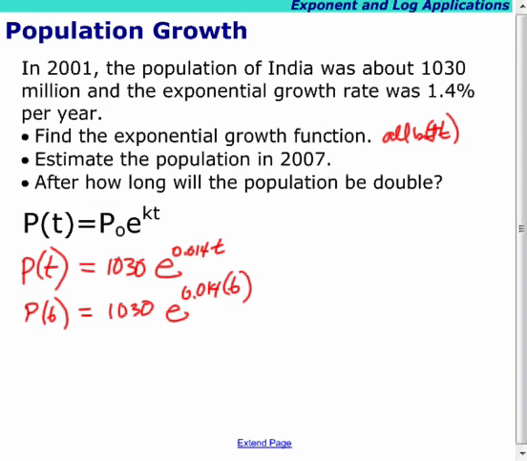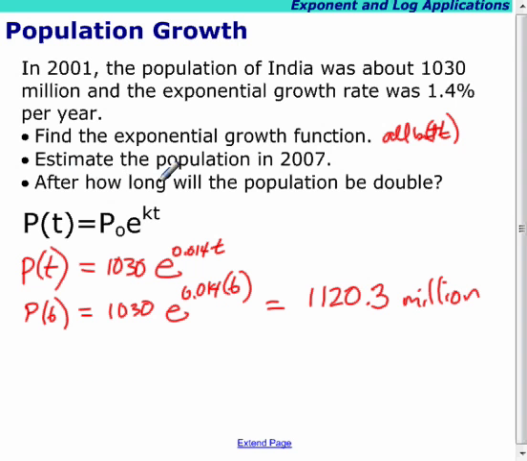Let me do that on my calculator. And I come out to 1120.3 million people. So instead of 1,030 million, after 6 years there will be 1,120.3 million people in India.